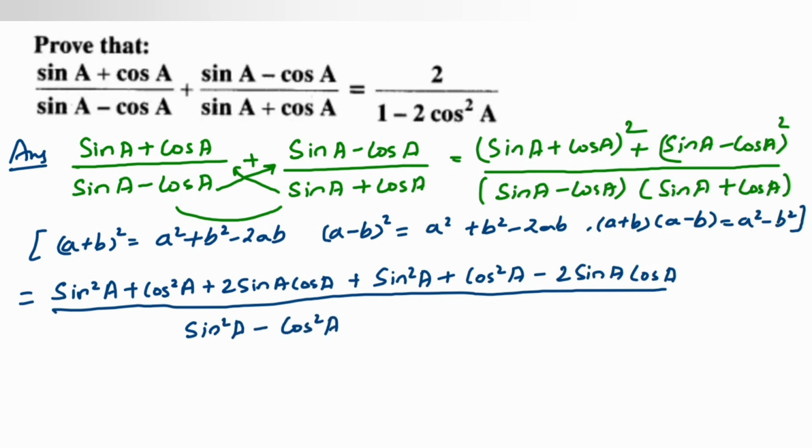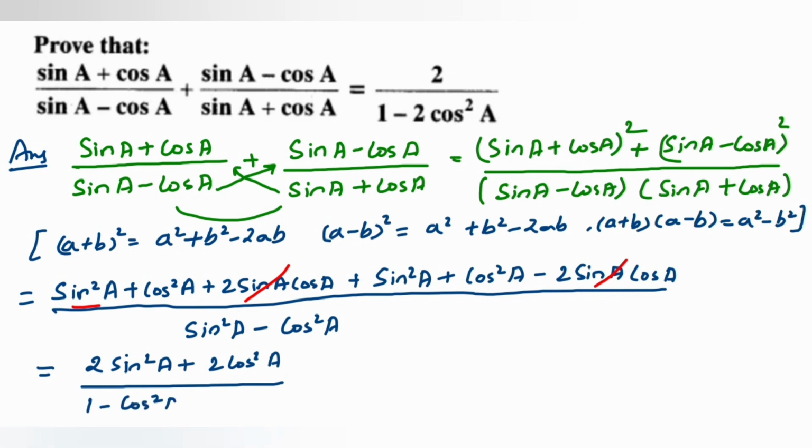Now in the numerator we can cancel minus 2 sin A cos A and plus 2 sin A cos A, and you can see that there are 2 sin square A and 2 cos square A. So from here we'll get 2 sin square A plus 2 cos square A upon, now in the denominator we can write sin square A as 1 minus cos square A. We're using an identity here.